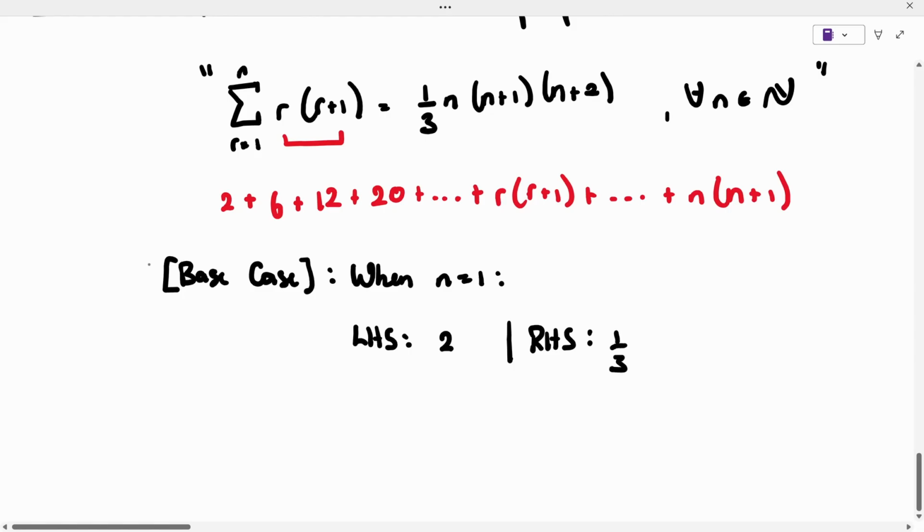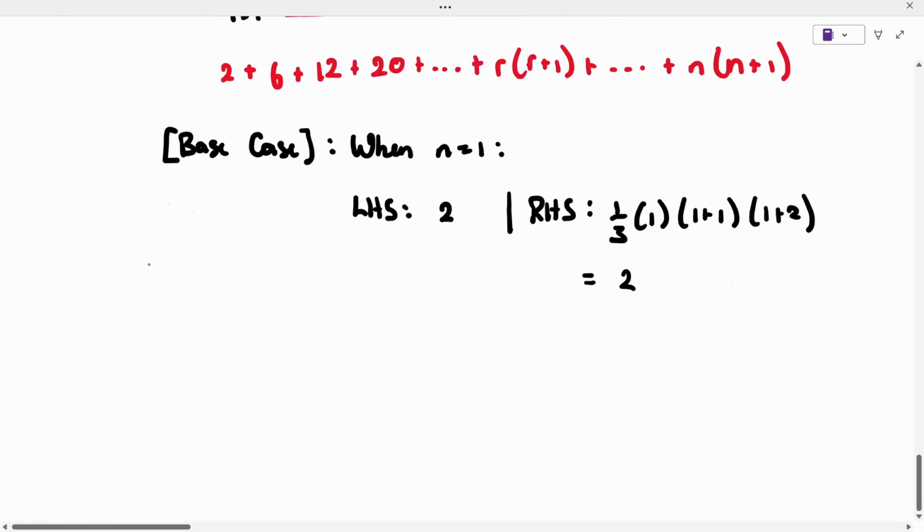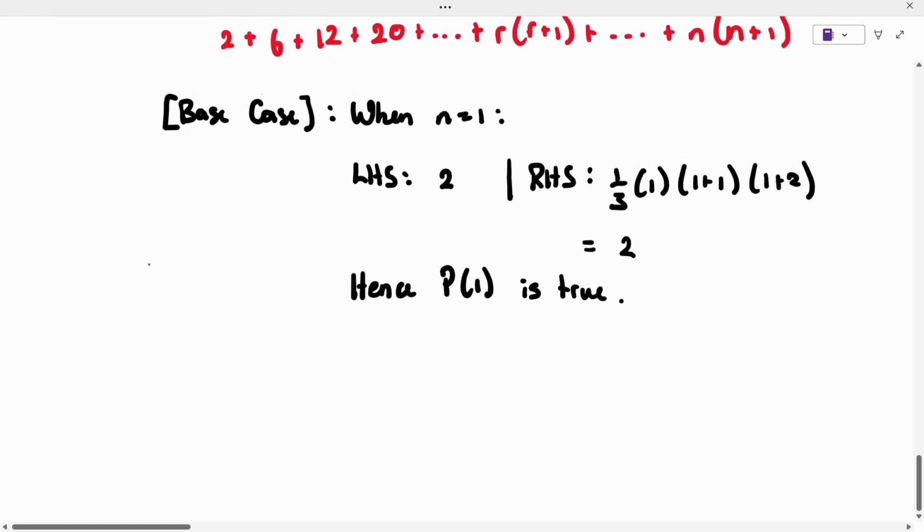We have 1/3 times 1 times 1 plus 1 times 1 plus 2. That is 1/3 times 1 times 2 times 3. That is 2. So of course, since the left-hand side equals the right-hand side, hence P of 1 is true. Great. Base case is true.